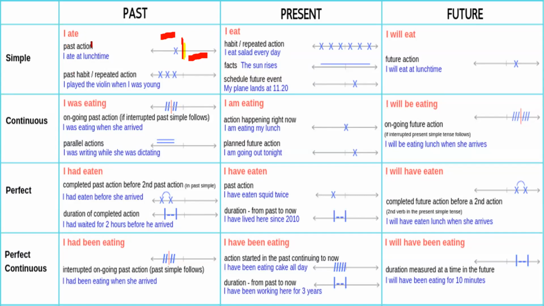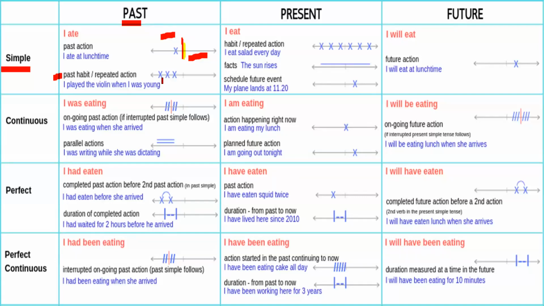I ate. It's a past action or action happened in the past, and we can talk about a past habit or repeated action in the past using this tense. I played the violin when I was young.